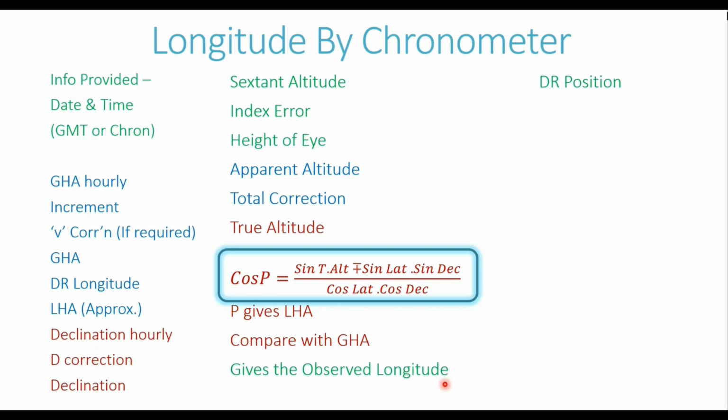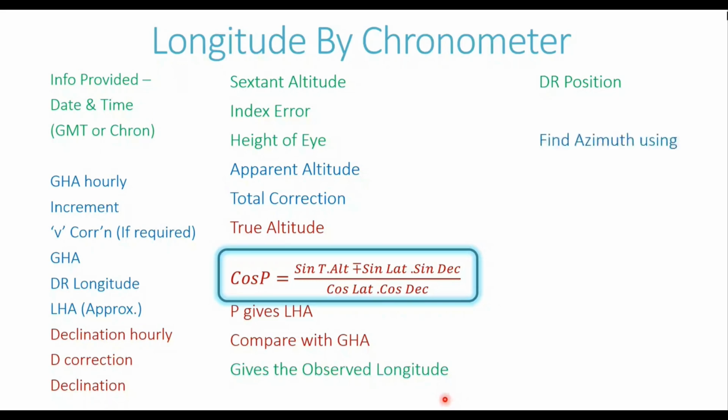In case of celestial bodies, the position line always lies perpendicular to the azimuth of the body. So always remember, in celestial observation, the azimuth of the body is perpendicular to the position line. If you want to find the direction in which the position line lies, find the azimuth of the body, and 90 degrees away from it is where the PL will lie.